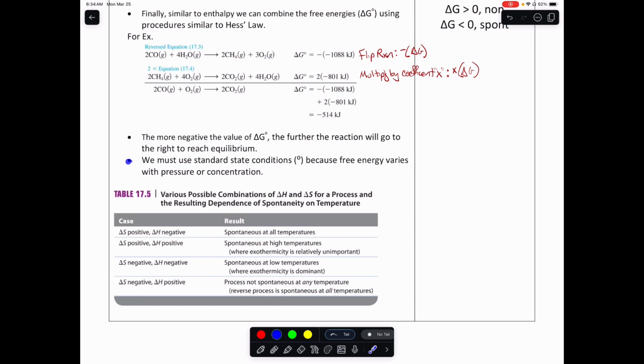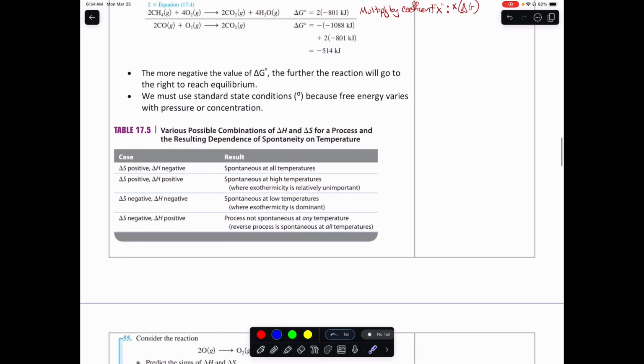We must use standard state conditions because free energy varies with pressure and concentration. So all of the methods shown above are for standard state conditions. These are some reminders of how temperature can play a role in free energy depending on the value of entropy and enthalpy.